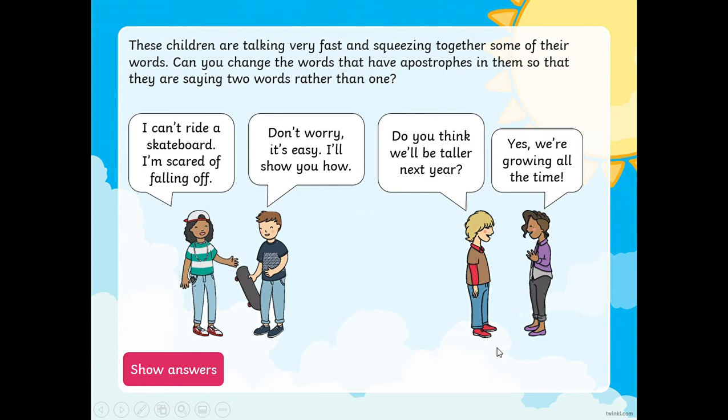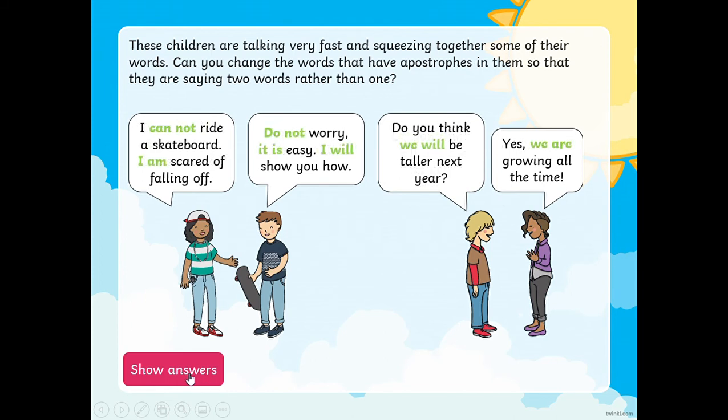So the first person is saying, do you think we'll be taller next year? And the girl says, yes, we're growing all the time. What do you think the 2 words will be that replace the contraction in those statements? Have a think and we'll reveal the answers in 5, 4, 3, 2, 1. Let's see.